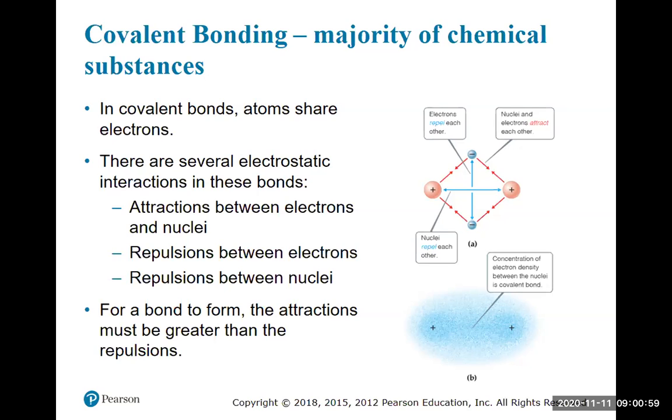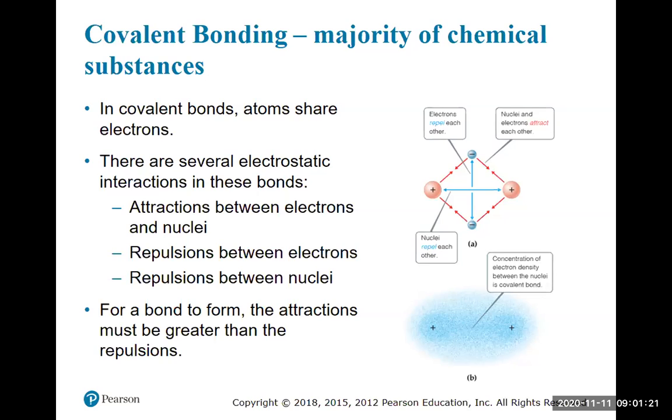There are several interactions going on in this. We have the attraction between the electrons and the nuclei, that negative charge on the electrons attracted to the positive charge in the nucleus. Then we have the repulsions between electrons, that negative repulsion.